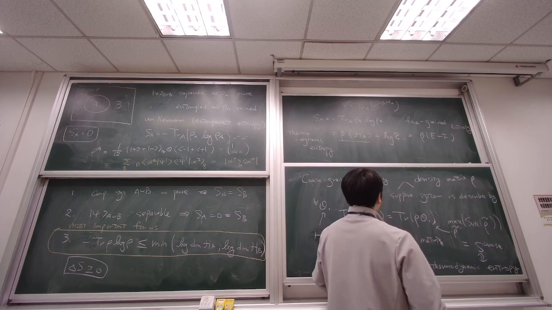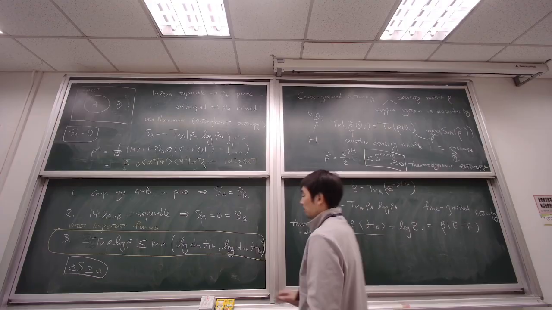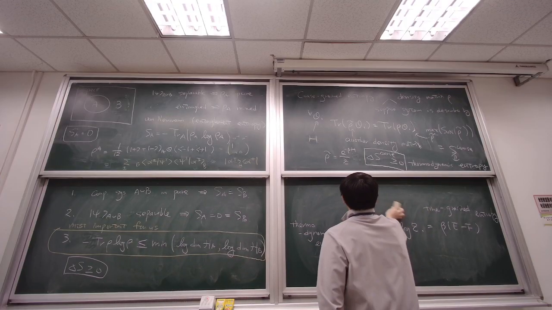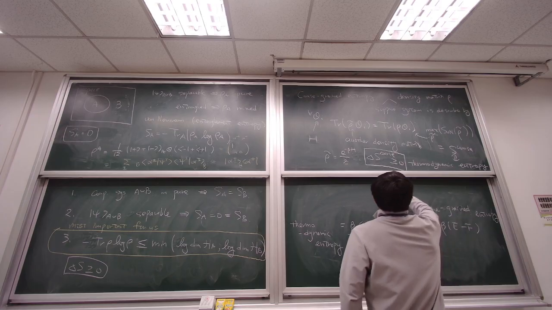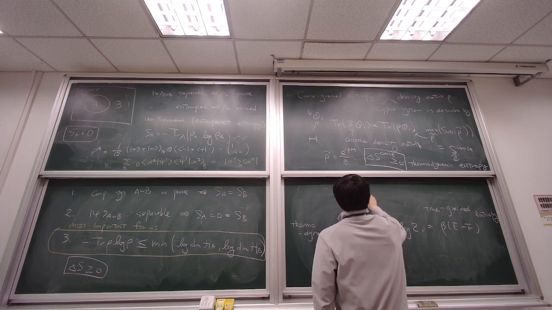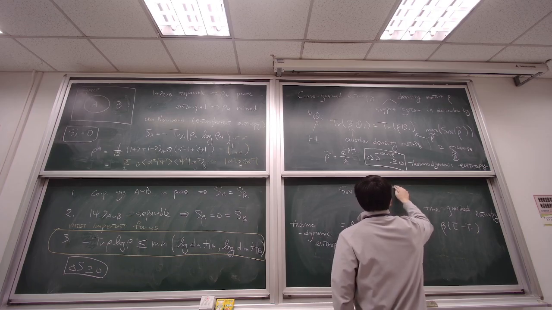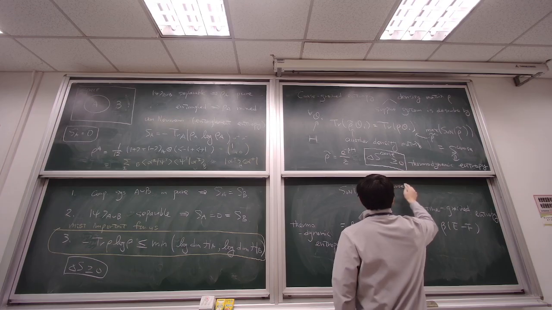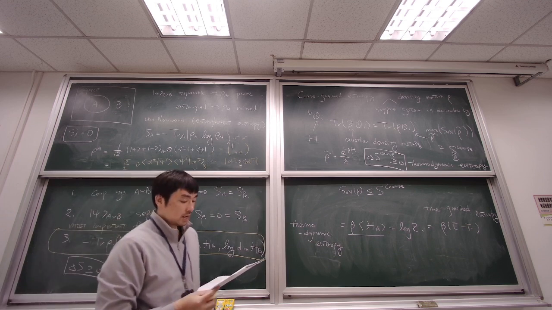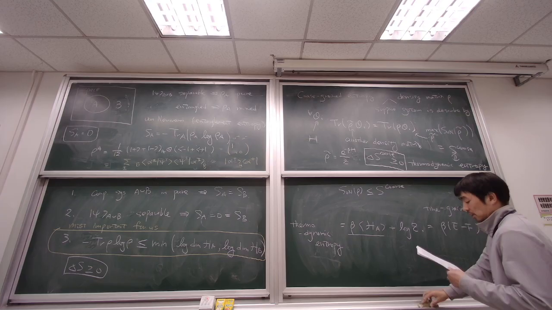By definition, the von Neumann entropy of the system, obtained by just taking S von Neumann of rho, should be less than or equal to the coarse-grained entropy. So that's the property of this.